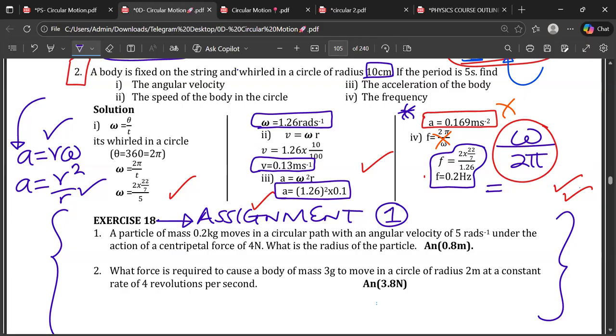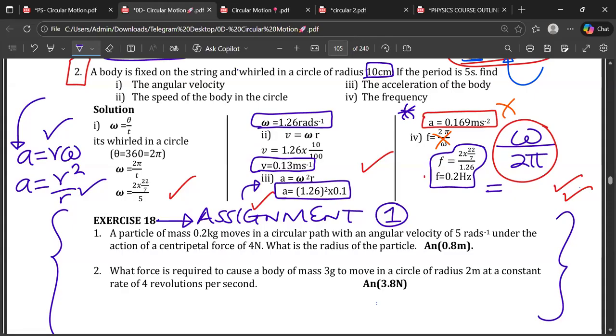All formulas have V, unfortunately. Those without V, they have omega. So the best formula to use is actually this one, Roman 3, because we got omega first and the radius was already in the question. So that answer of 0.15 something is the best answer. This other formula with V came from omega. They are right, but the other one is the best.